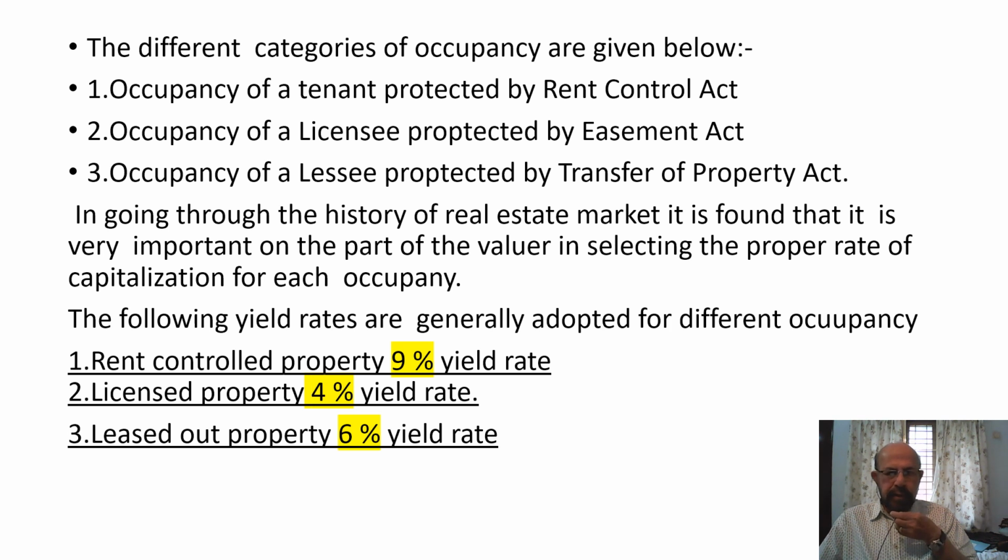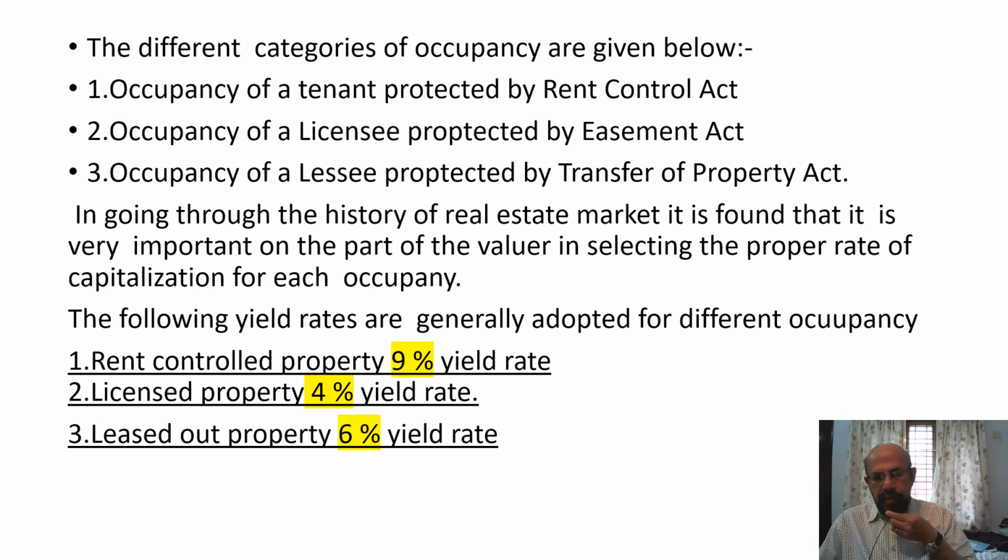The different categories of occupancy are given below. 1. Occupancy of a tenant protected by Rent Control Act. 2. Occupancy of a licensee protected by easement right. 3. Occupancy of a lessee protected by Transfer of Property Act.